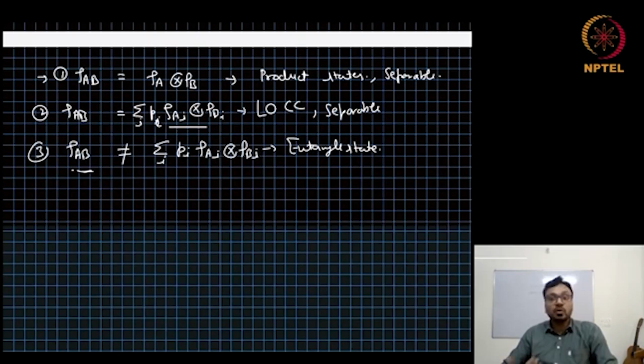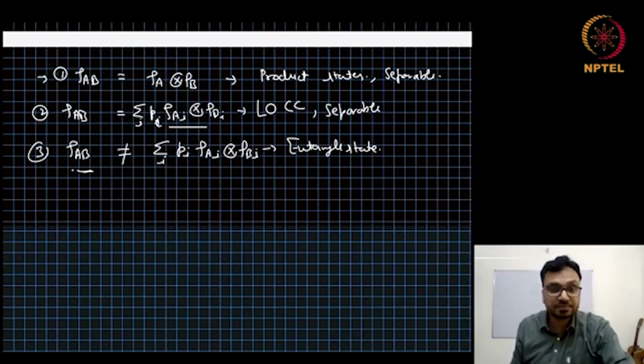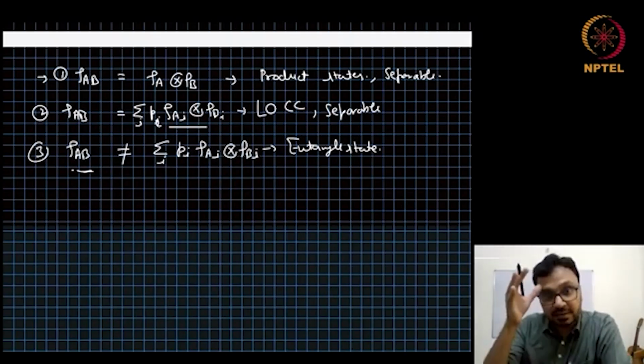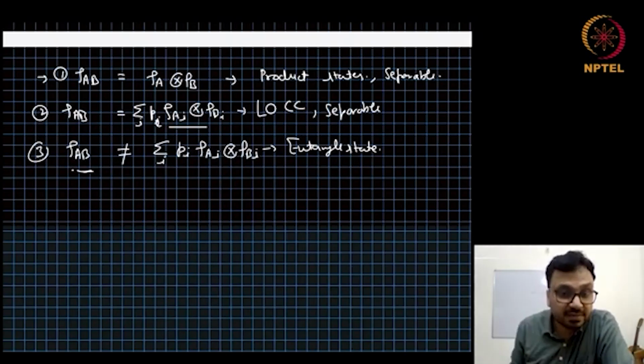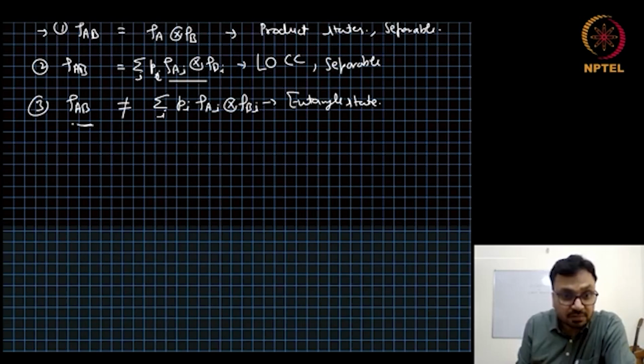But not coming up with a separable decomposition does not mean that it is a separable or entangled state. Now, if we look carefully, rho AB can be written as a sum over i of p_i times separable states rho_ABi.